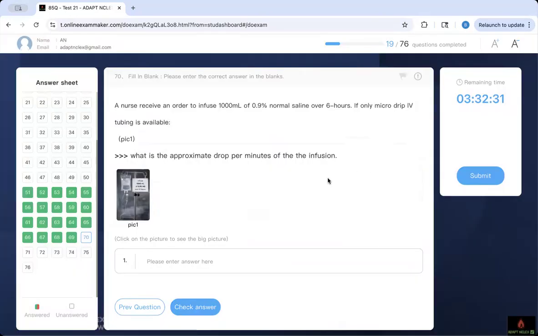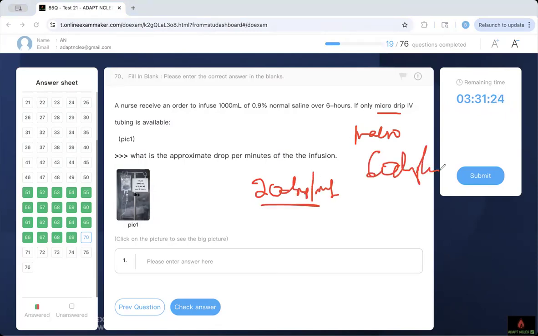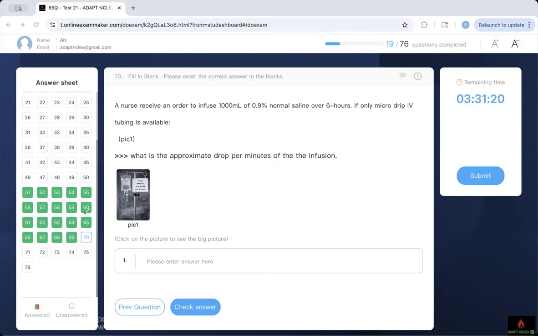There's a strategy there. The key question is what? It's a micro. Don't forget, there's micro and there's macro. When it's a micro drip, that means your drip factor is 20 drops per minute. For this question, all we care about is the micro drips.